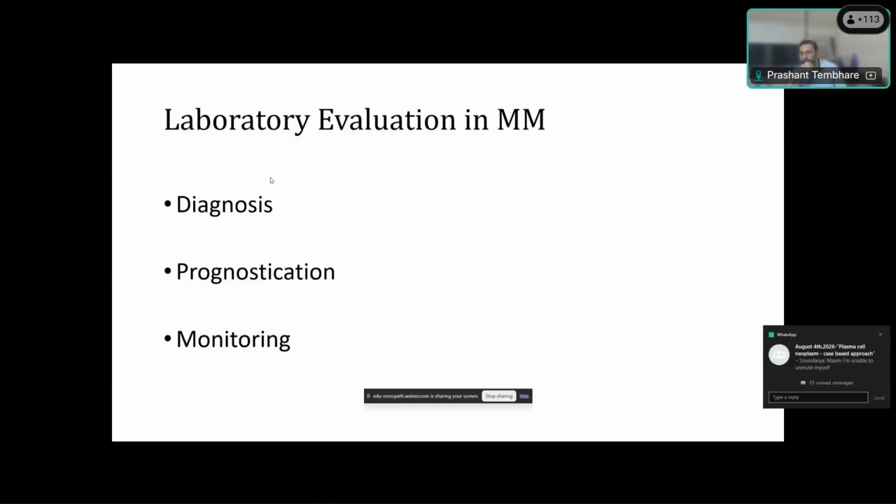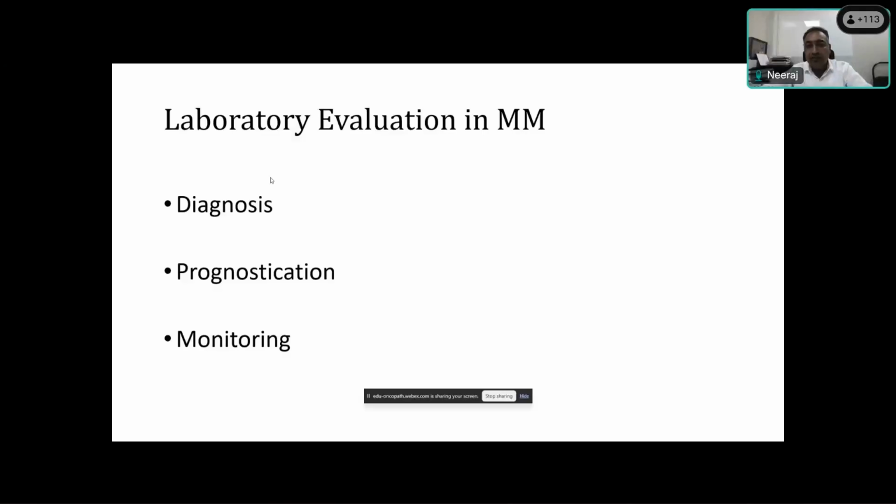That ratio, as was shared by Prashant, more than 9 is typically considered more in favor of a restriction, saying that this is a clonal population we are dealing with, and this is likely to be a myeloma or smoldering myeloma.